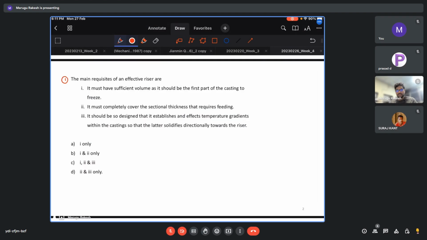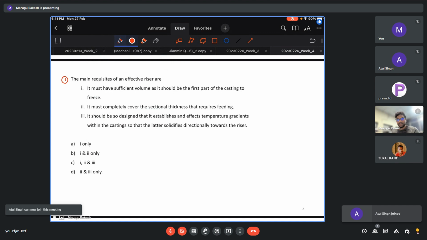Okay. Someone is saying option B. Any other solutions?